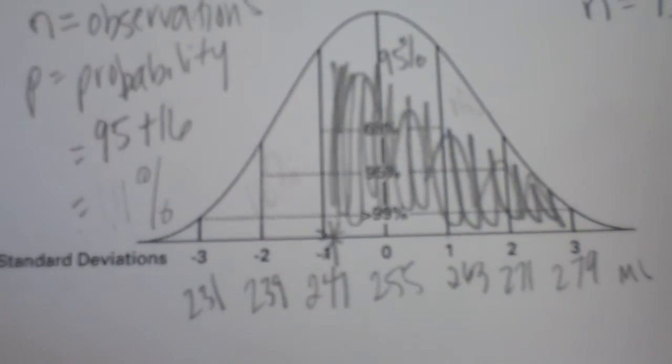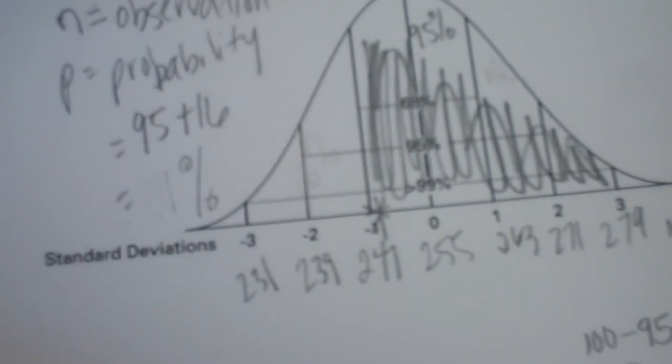This is 95. So let's compute down here. 100, which is our area, minus 95 leaves us with only a little 5%. Okay, how many sides do we have? We have 2 sides, which leaves us with 2.5% for each side.